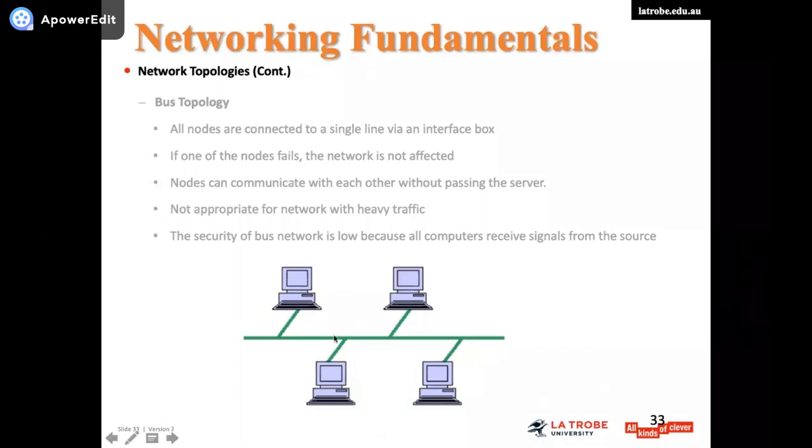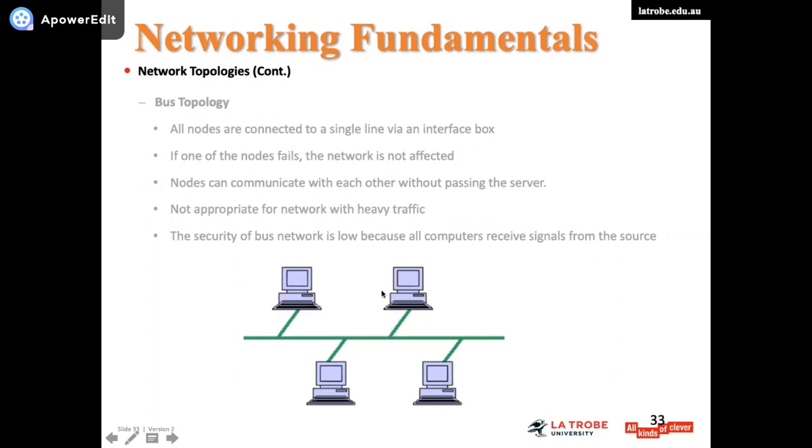That's the good thing about this topology. Nodes can communicate with each other without passing through the server. There might be a server in the network, but this server has no responsibility to control the whole network. Maybe it just acts as a sharing center or something. So nodes don't need to pass through the server.